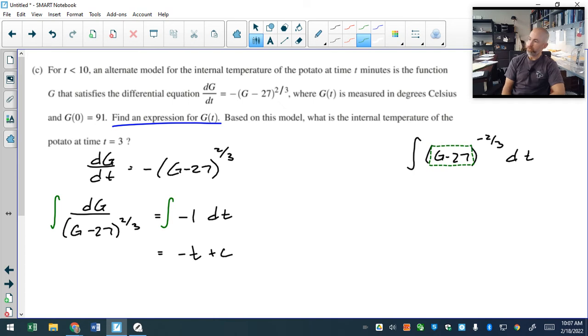However, the derivative of the interior is just 1, and when that is true, you can just treat it like it's x to the negative 2/3, and we can apply the power rule. So it's going to be the interior, negative 2/3 plus 1 is positive 1/3. Then we divide by 1/3, which is times 3, and that's your antiderivative. So come back over here, 3 times the quantity of g minus 27 to the 1/3.